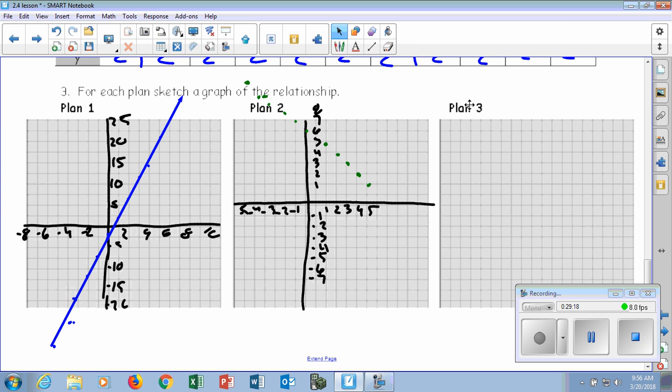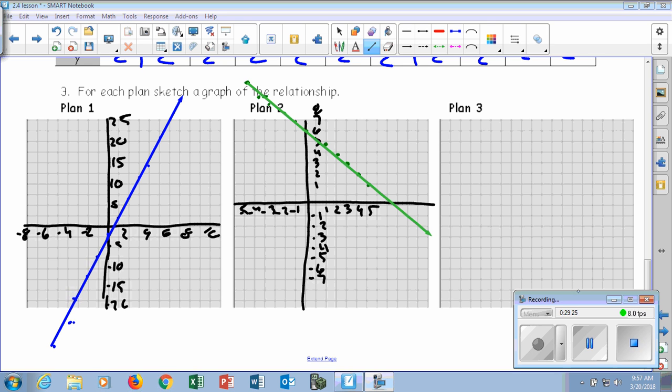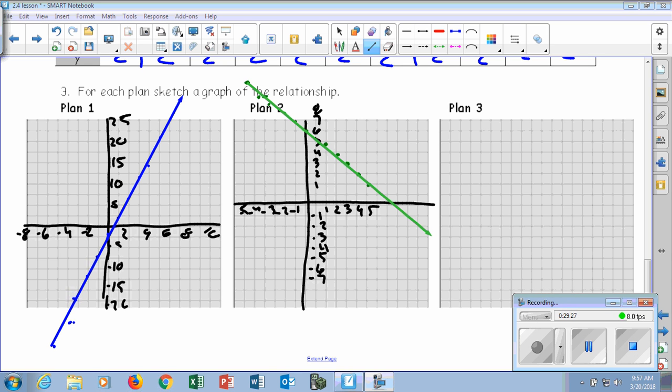So, look at Plan 3 and start plotting your points for Plan 3 on your graph. Okay, while you guys are doing your Plan 3, I'm also going to start creating my graph.